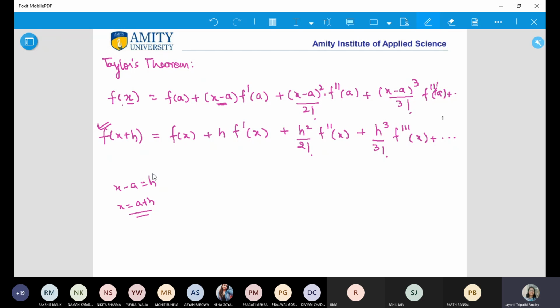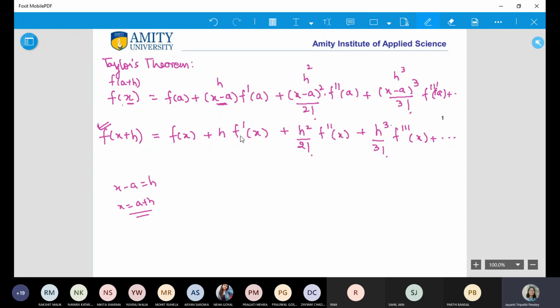If you write x minus a as h, then this place will be f of a plus h, right? And then this will change into h f'(a), h square f''(a), h cube, and so on. So these are some direct changes and direct subsidiary results that we are getting.